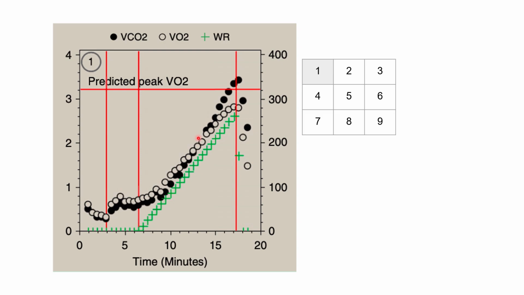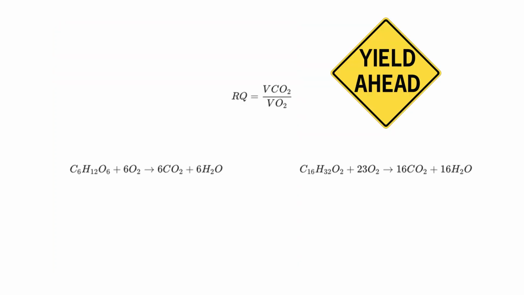Above the anaerobic threshold, the VCO2 increases at a higher rate than the VO2 because of that additional carbon dioxide from anaerobic metabolism. And then during recovery over here, the VCO2 decreases less rapidly than the VO2, and this leads to an abrupt increase in the respiratory exchange ratio, which I'll talk more about in a minute.